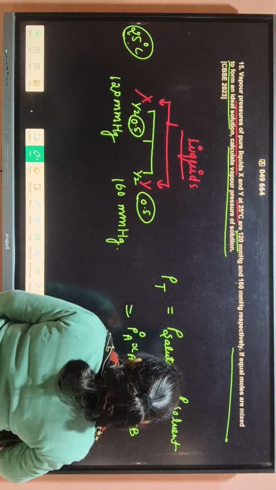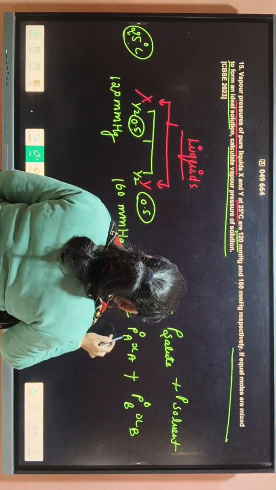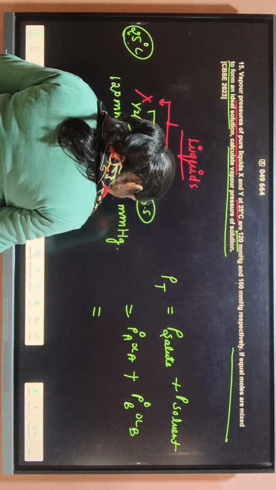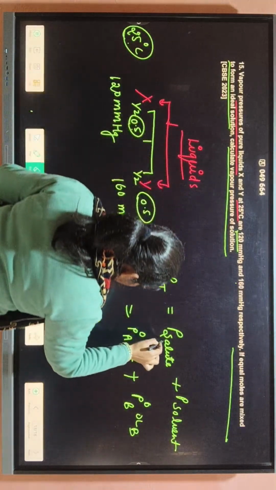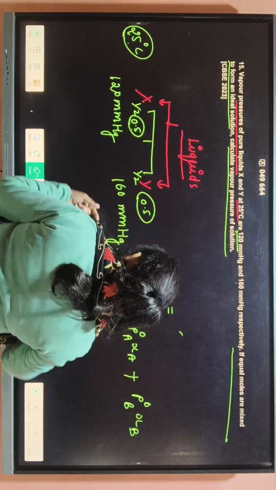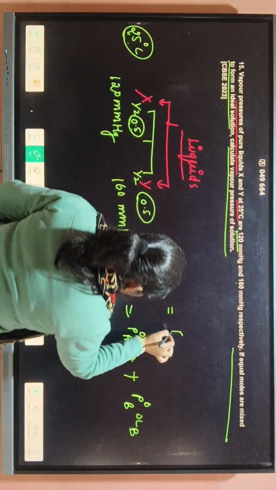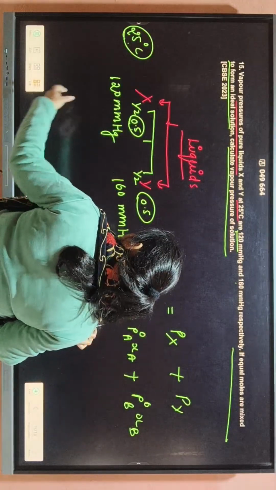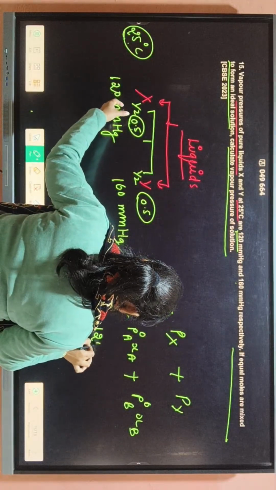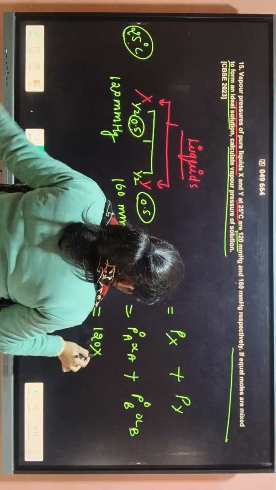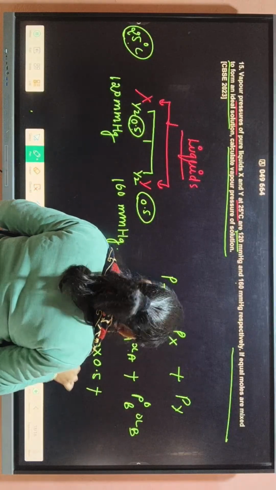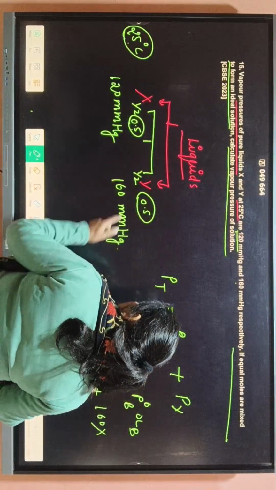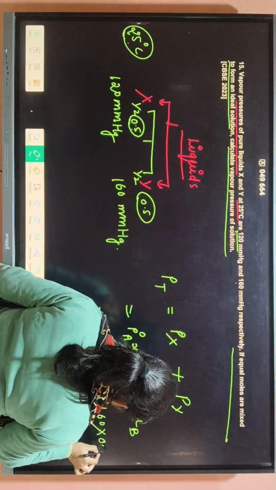P naught for X is 120 into 0.5, plus P naught for Y is 160 into 0.5, since the mole fraction is the same for both.